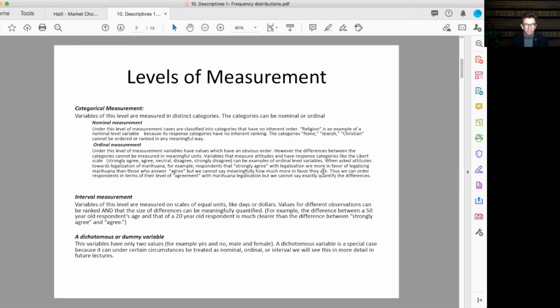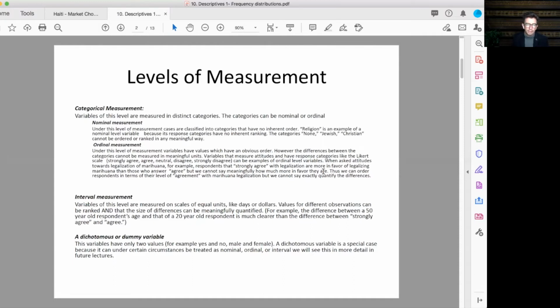An example of a variable of this sort would be, for example, religion, right? They're nominal because the categories in this variable would be, let's say, none or Jewish or Christian or Muslim, and there is no order to them. It is just names of religions. So they cannot be ordered and therefore are just nominal measurement.